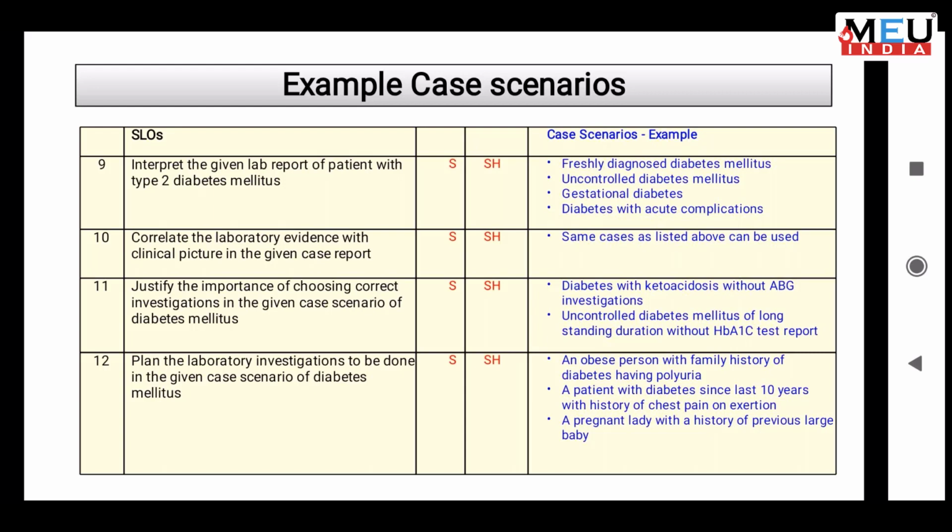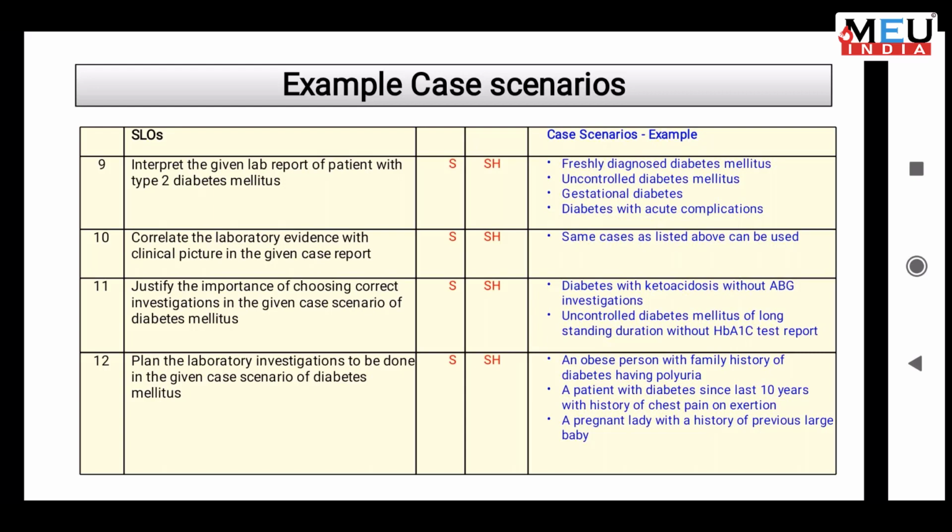Now, for the last one, to plan the laboratory investigations, it has to be made simple because they are first year students. So we can think of an obese person with family history of diabetes having polyuria. What investigations would you like to suggest?